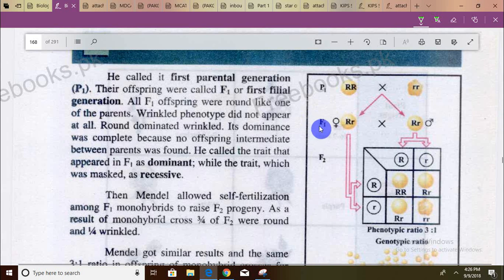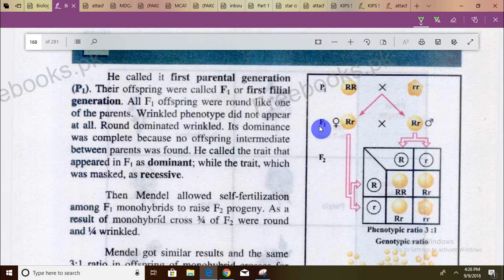And all of the F1 offspring were round like one of the parents, so that meant that a round shape of the seed was the dominant trait.